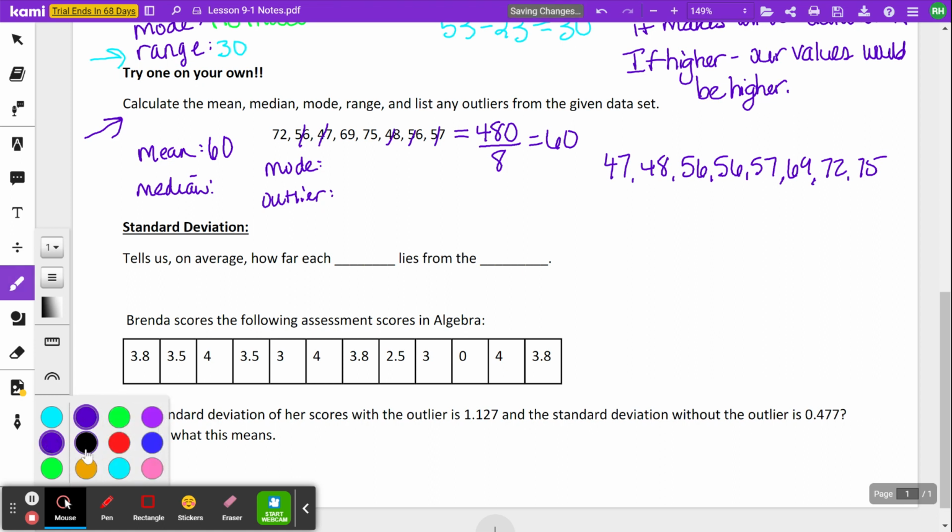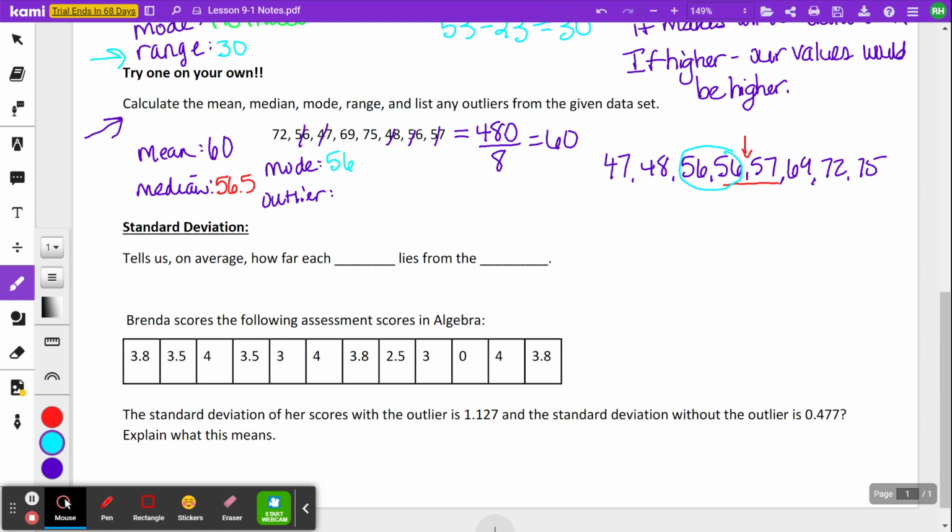The middle that we're going to have here for our median is these two in the middle, which is split. So 56.5. Our mode is the number that occurs the most, and 56 is the only one that occurs more than once.